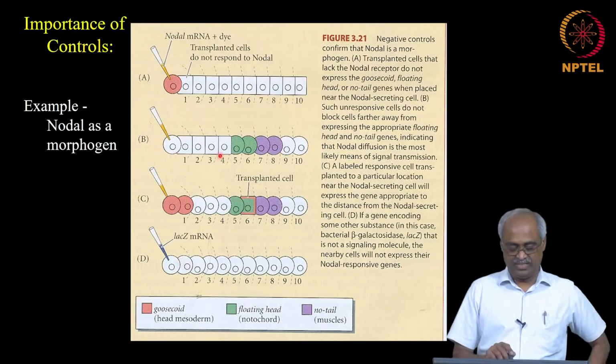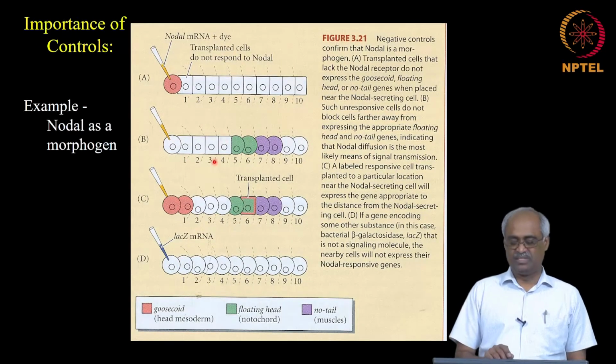So, that is what is done here. You put different kind of cells here. They are not interfering with the nodal diffusion, but they themselves do not respond. But still these cells, when the concentration comes to the right range, they assume these fates, this green and purple fates. So, the diffusion matters, the intervening cells whatever they are, it does not matter.